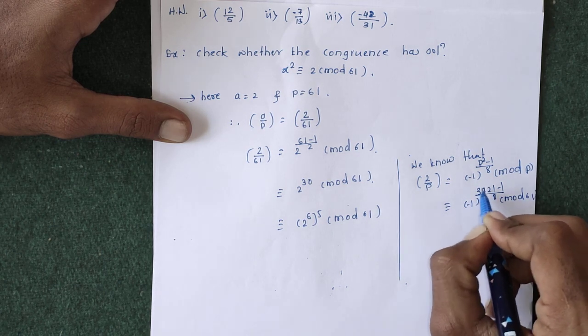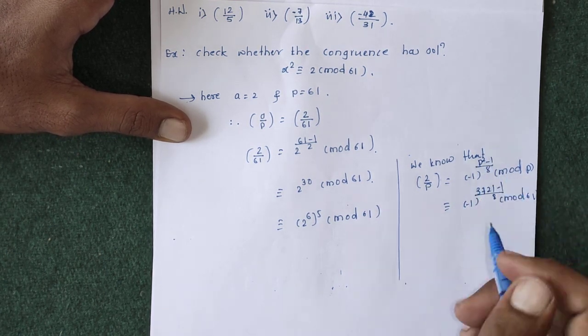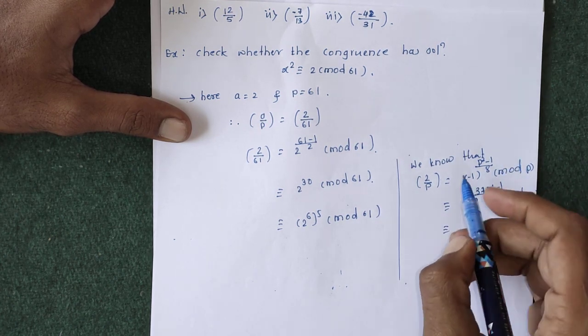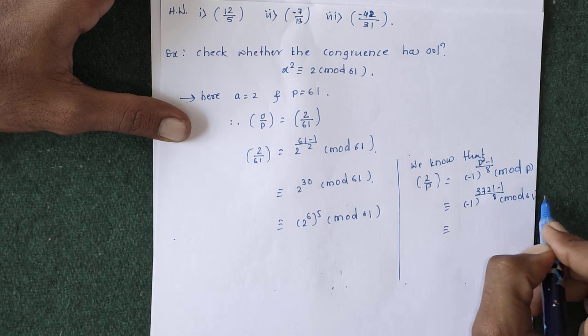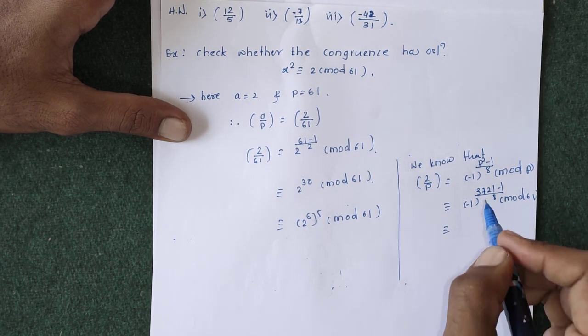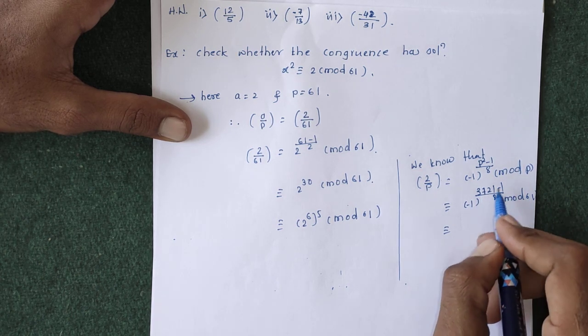This is a larger number, but a calculator is allowed in the examination. You can find this square easily, or using a trick for finding the squares of numbers whose unit place is 1, you will get 3721 minus 1 by 8.